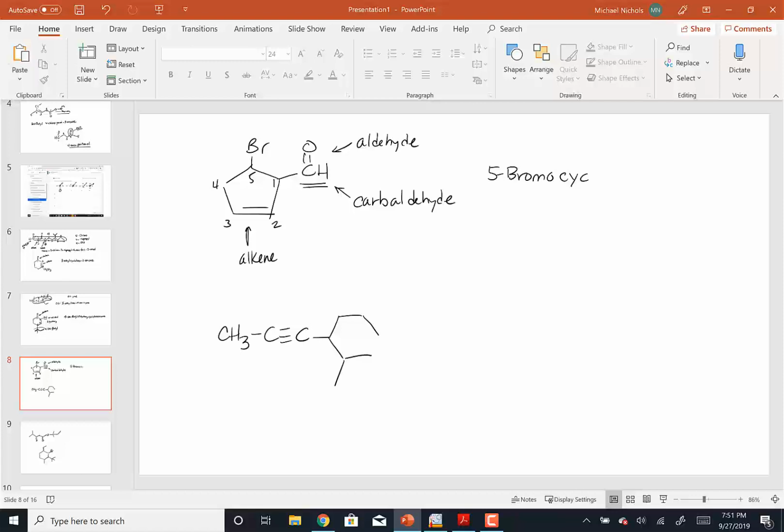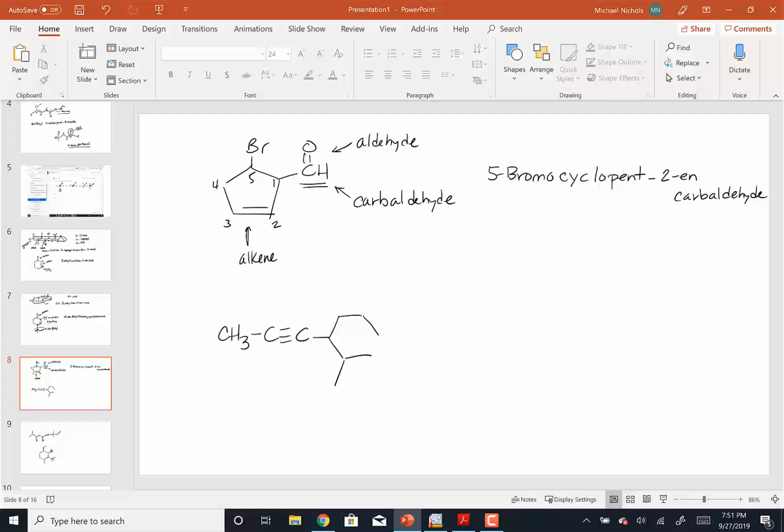This is a cyclopent, 5-membered ring, alkane, alkene, alkyne. There's a double bond in the ring at position 2, so it's a 2-ene. And then finally, it's a 2-ene carbaldehyde. So this is 5-bromo cyclopent-2-ene carbaldehyde.